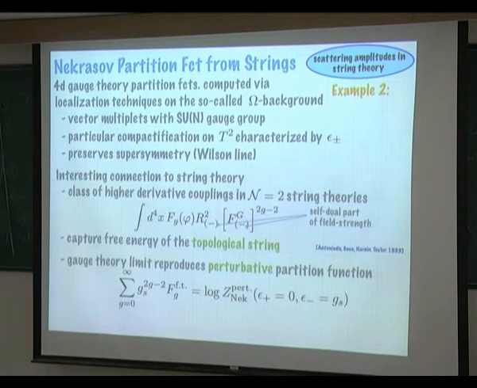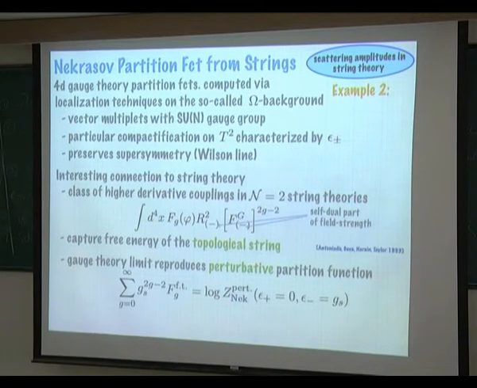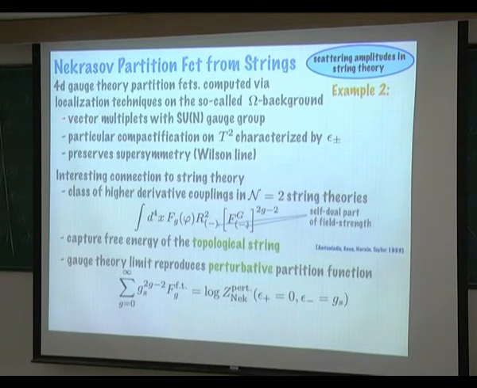If you take the gauge theory limit of these F_g's, so if you do a genus expansion as before, and take the gauge theory limits, field theory limits, a point particle limit from a string theoretic point of view, you exactly reproduce the Nekrasov partition function of this 4D gauge theory on this omega background.